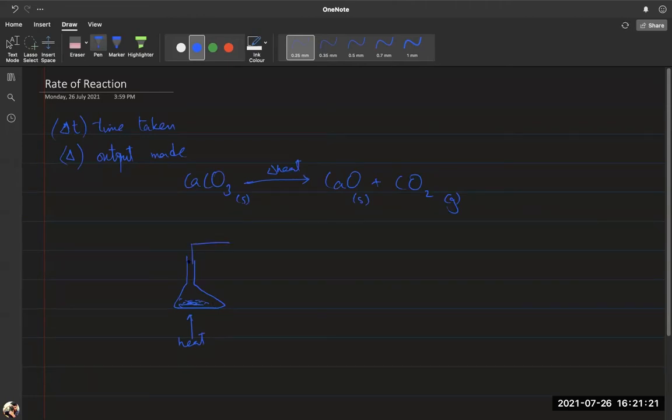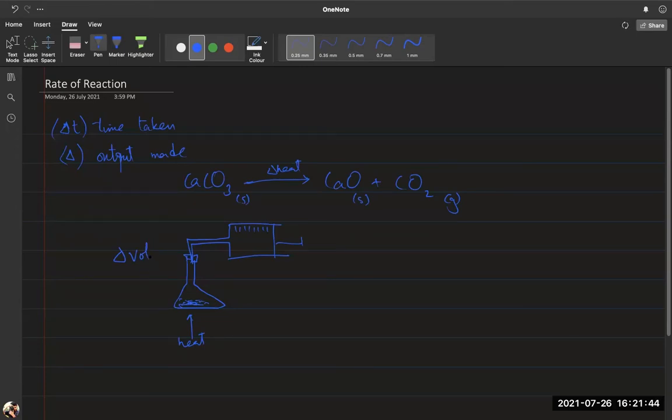You collect that gas in a gas syringe, and this syringe has some markings on it, so you can easily measure it. And now you obviously have to seal this container so the gas goes right into the tube. So here you're collecting the gas. This is your change in volume of gas that you're measuring with respect to time.